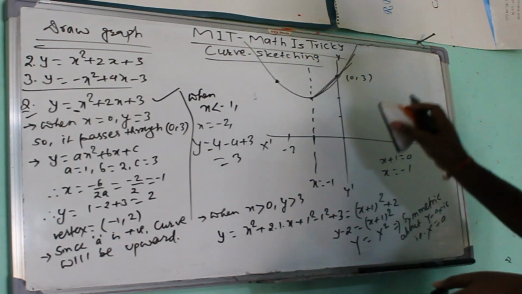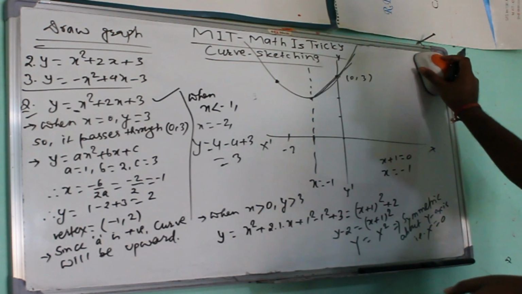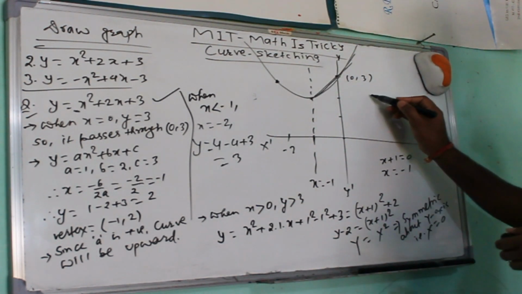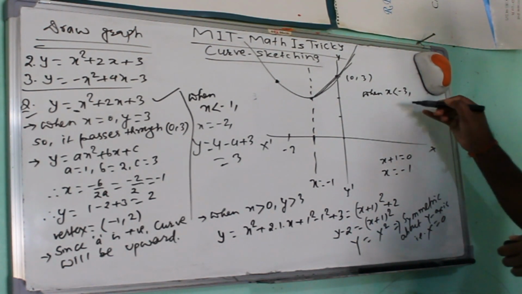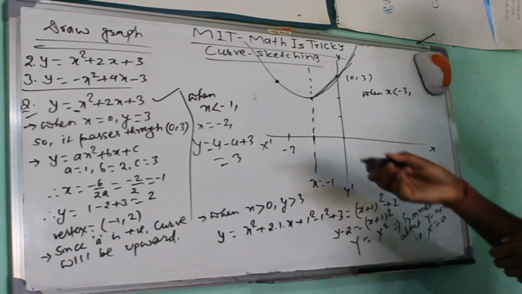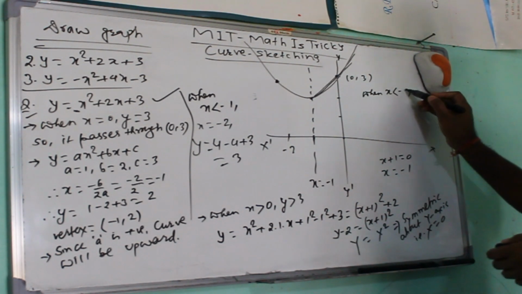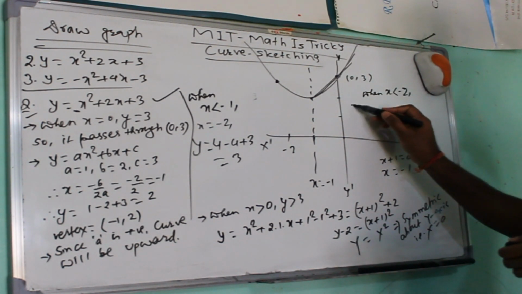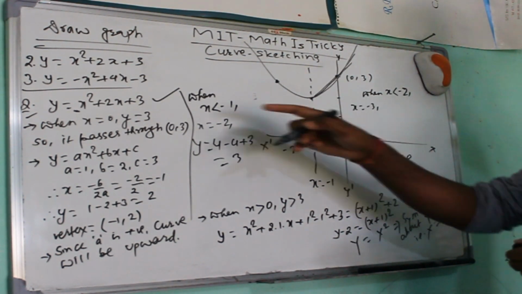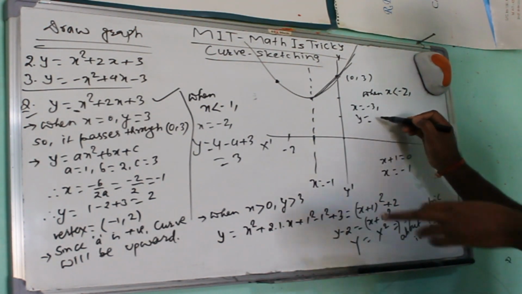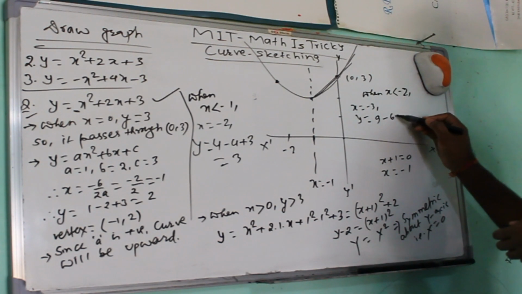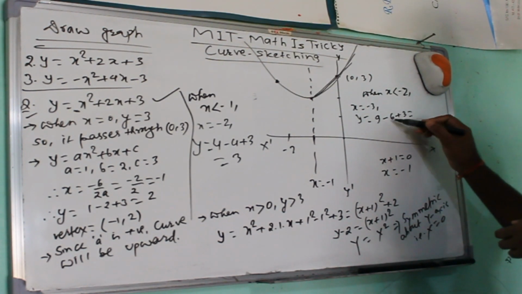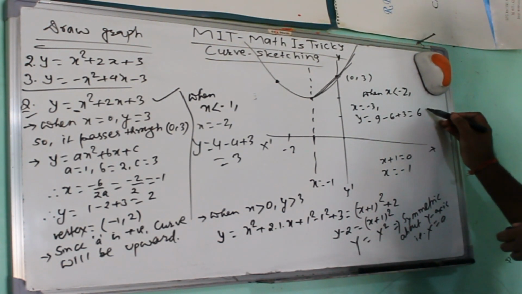One more point I can explain for this. Let me see what will happen when x is less than minus 2. Let's take x equals minus 3. Then the value of y will be 9 minus 6 plus 3, which is 6, which is again more than 3.